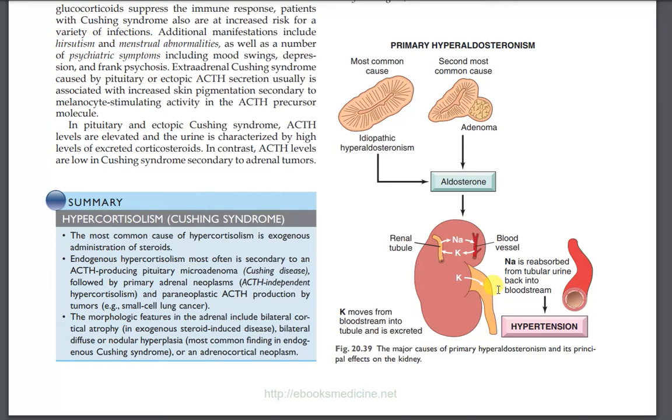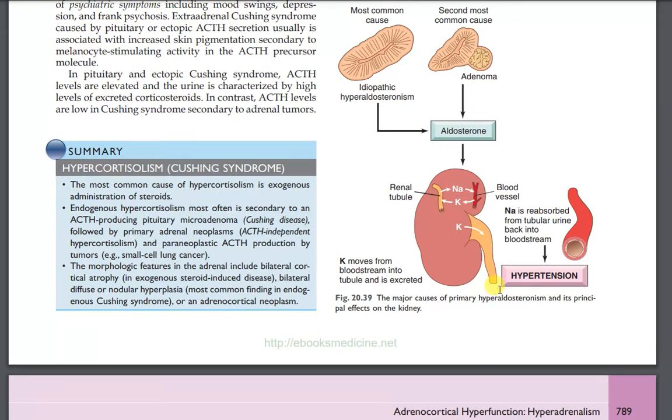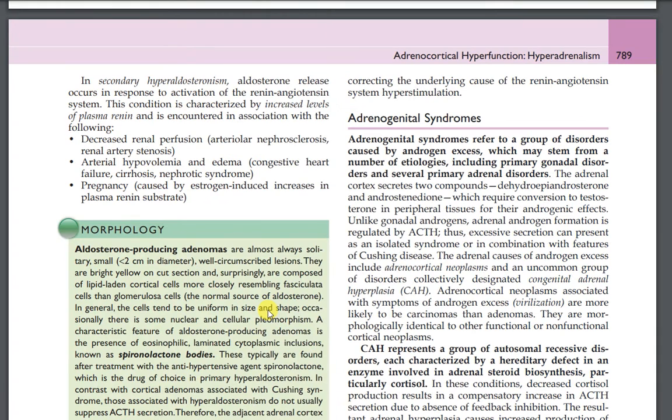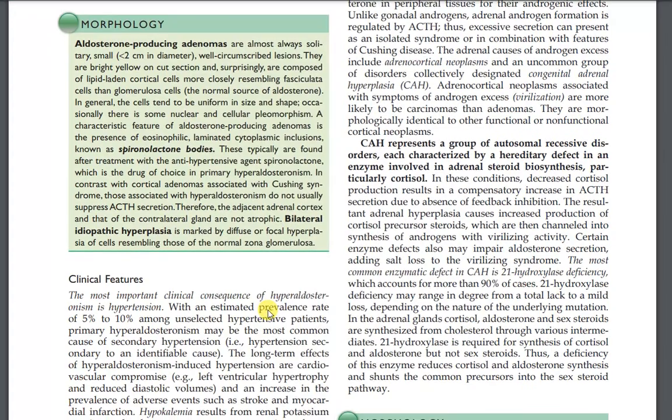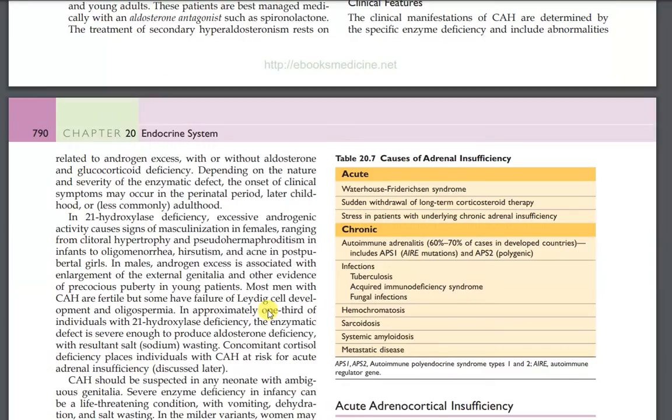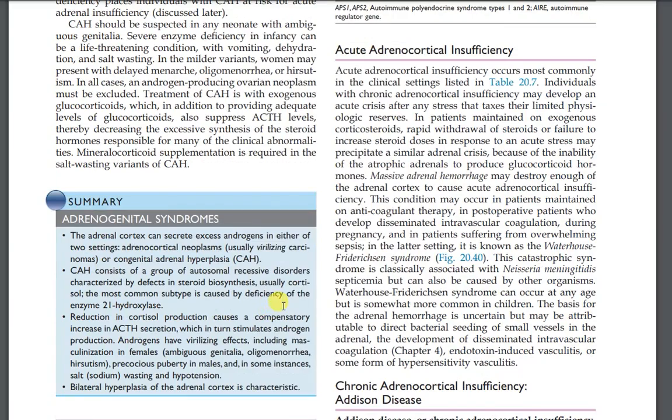Hypernatremia happens in this condition, and increased osmotic pressure leads to keeping water inside the blood vessels, which increases the general volume of the blood, and it leads to hypertension. Adrenogenital syndromes, we can skip it.